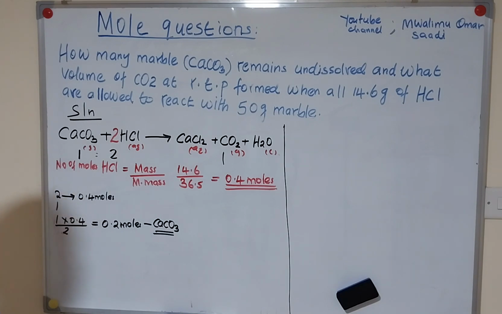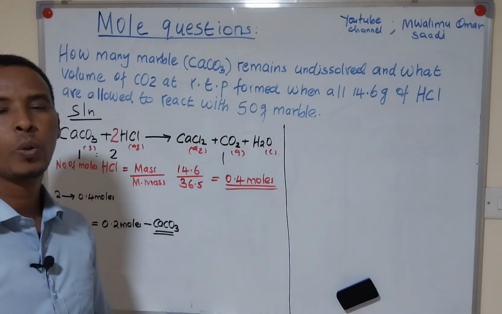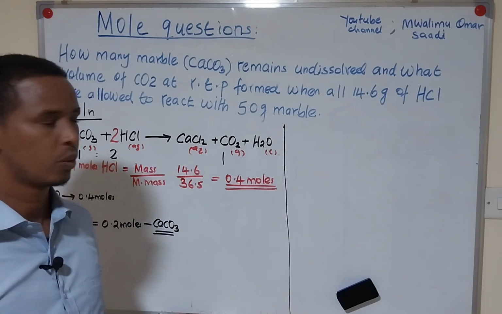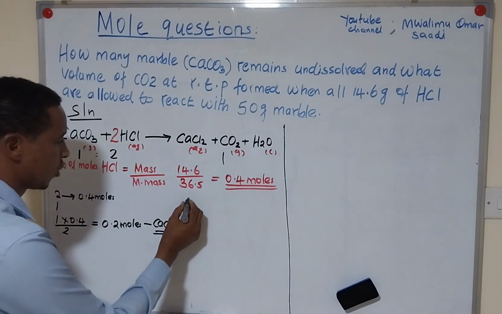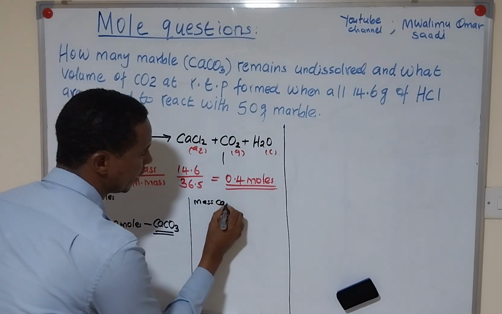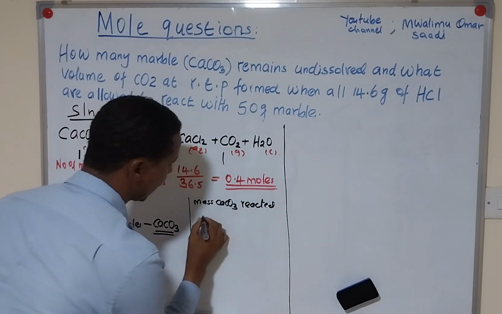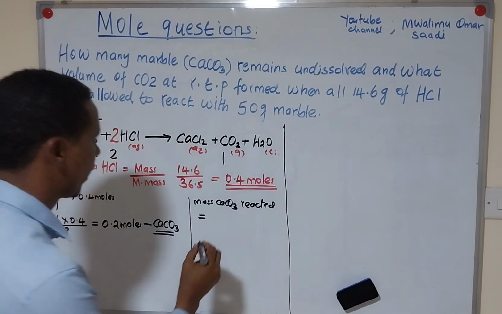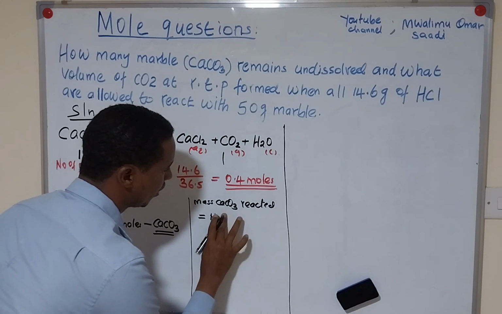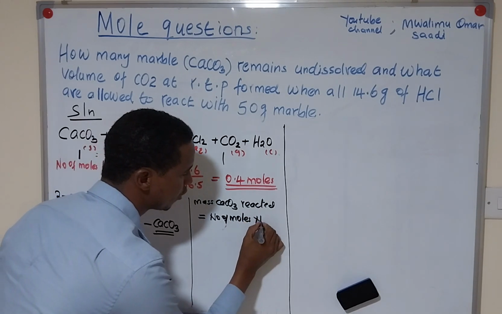Now that we have the number of moles of calcium carbonate, we can get the mass of calcium carbonate that has reacted with the acid. The mass is equal to the number of moles times the molar mass.